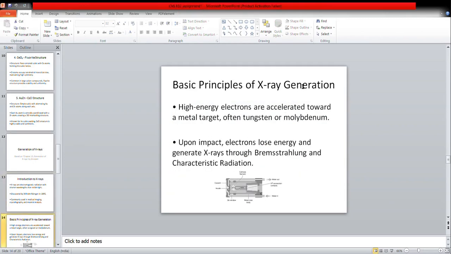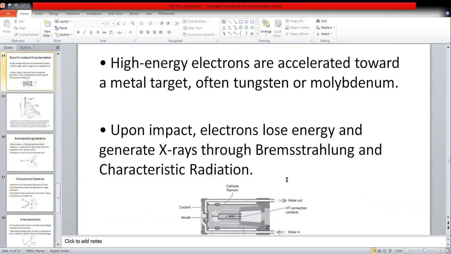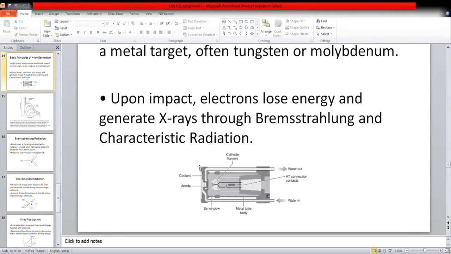The basic principle of X-ray generation goes like this. So here we have a setup for generating X-rays. What we do is we take a metal tube and we have an anode on one side and the cathode filament nearby.